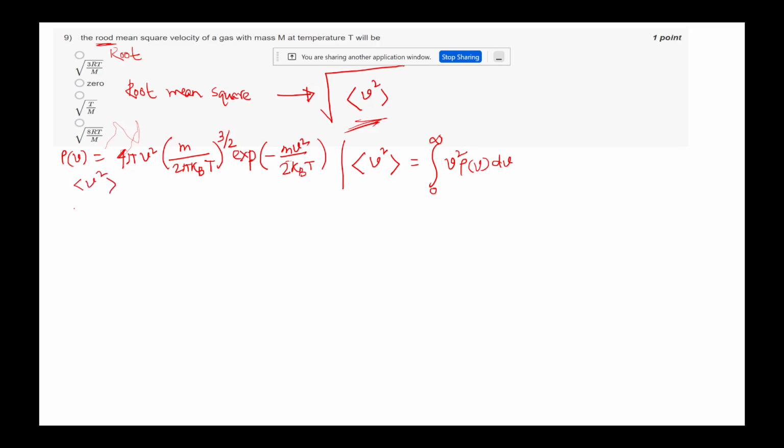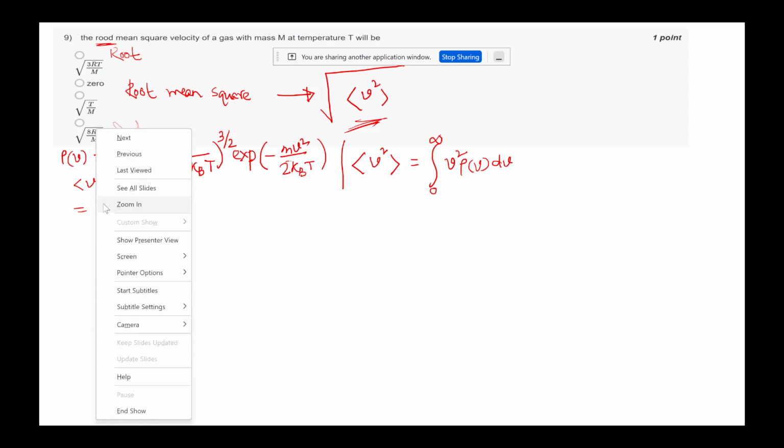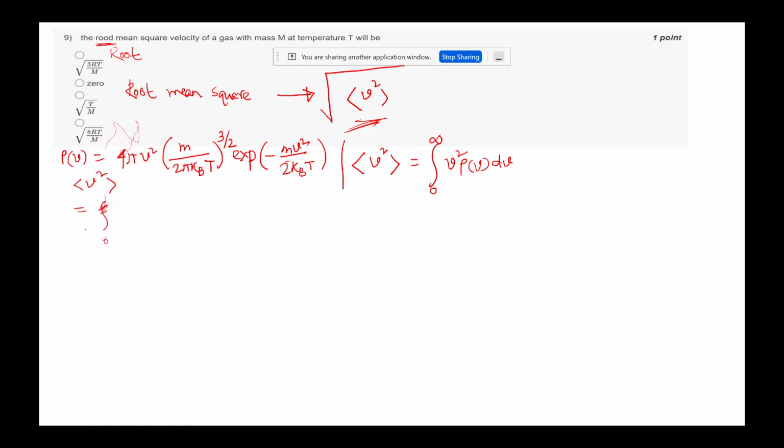Okay, and if we put all the expressions, let's take out all the constants: 4 pi, m by 2 pi k_B T to the power 3 by 2.